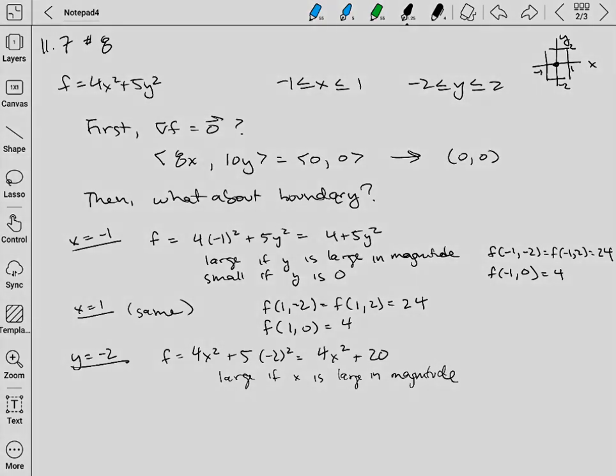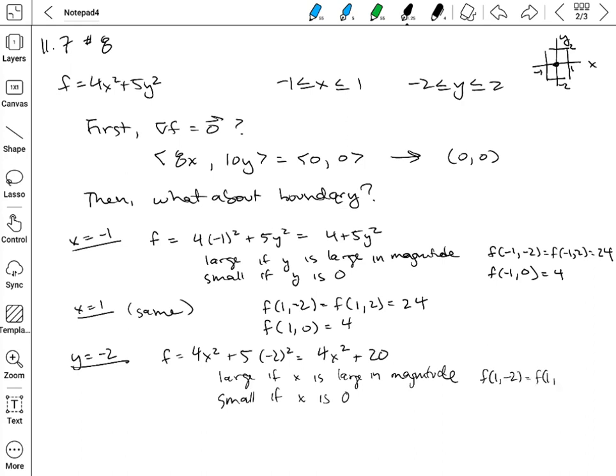So again, the larger x is in magnitude, whether it's positive or negative, the larger f is going to be on this edge. And then if I take x to be 0, that's going to be the smallest I can get the value on this edge. So f of (1, -2) is going to be the same as f of (-1, -2), which gets me that 24 we already saw before.